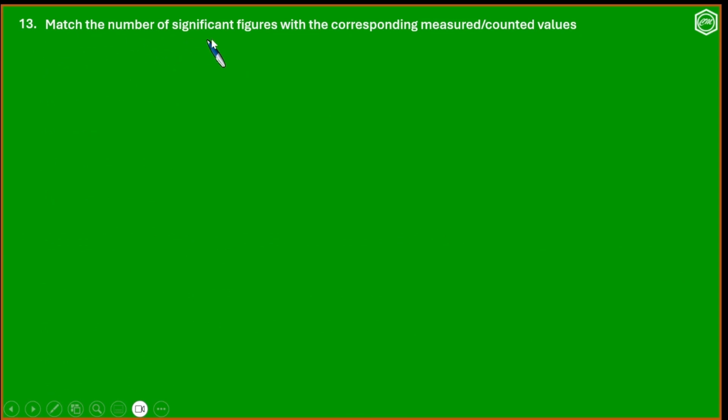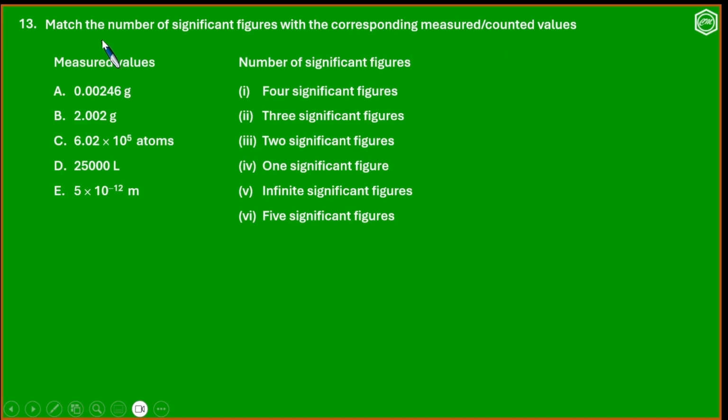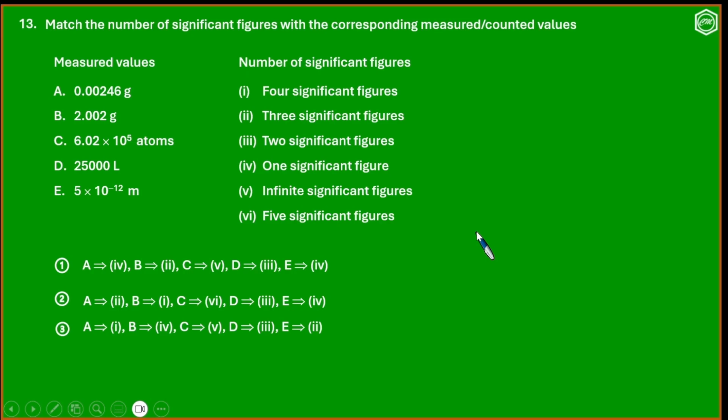Question 13. Match the number of significant figures with the corresponding measured or counted values. So measured values and the number of significant figures. Then options are option 1, option 2, option 3 and option 4.